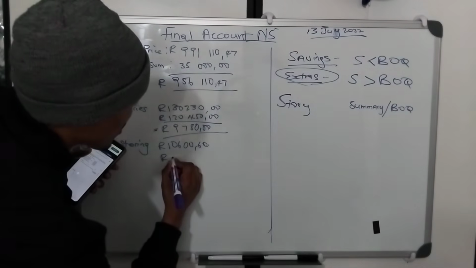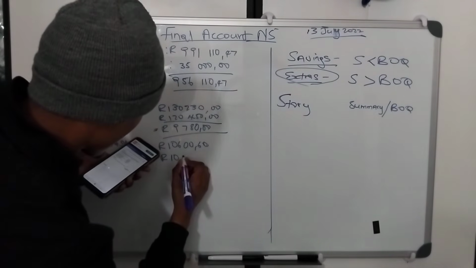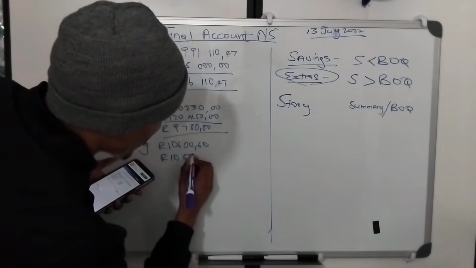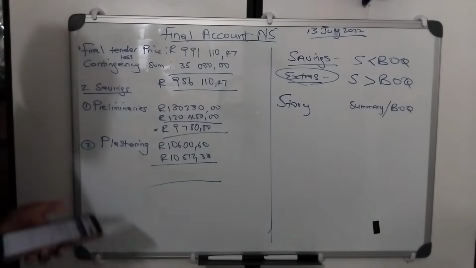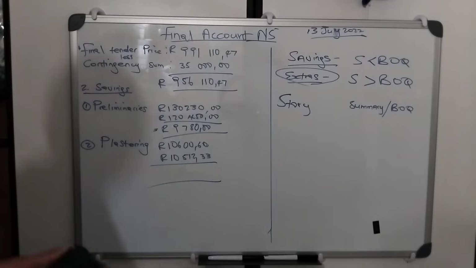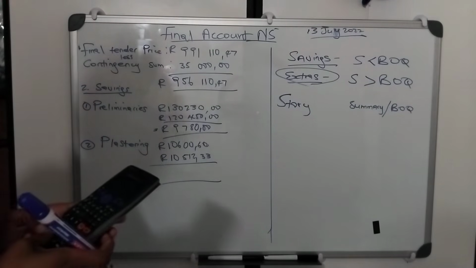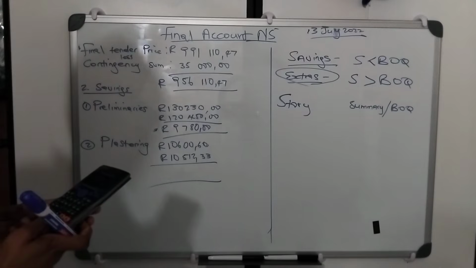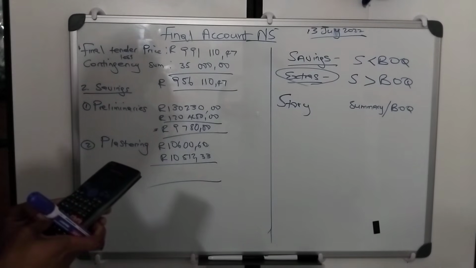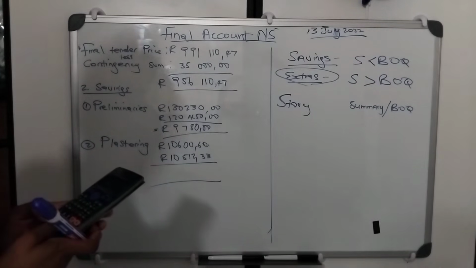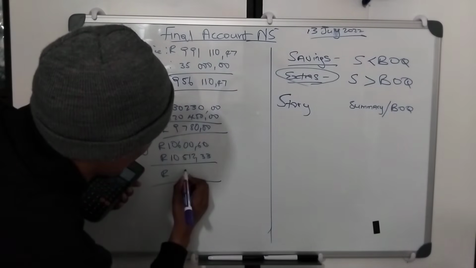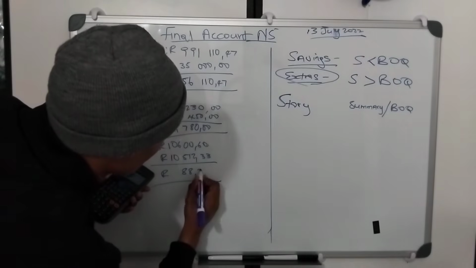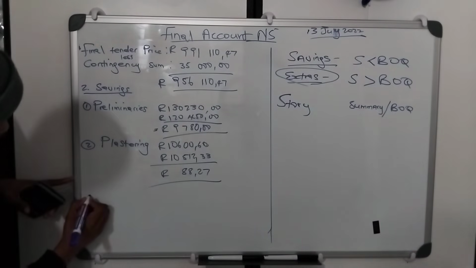It's 10,512.33. Okay. Punch again. 106.60 minus 10,512.23 gives us 88 rand 27 cents. Third one.